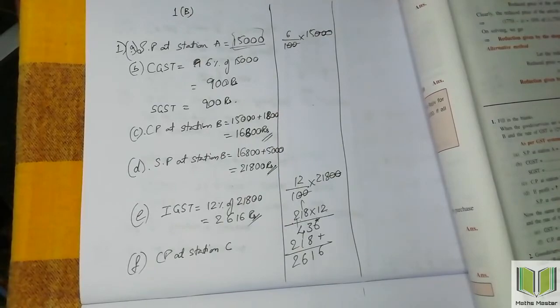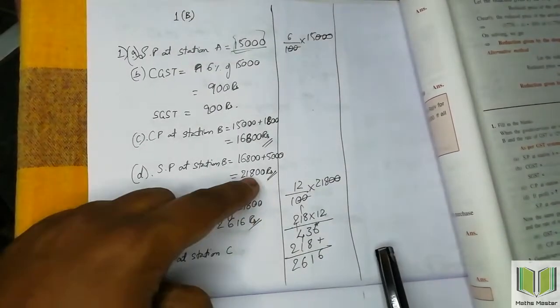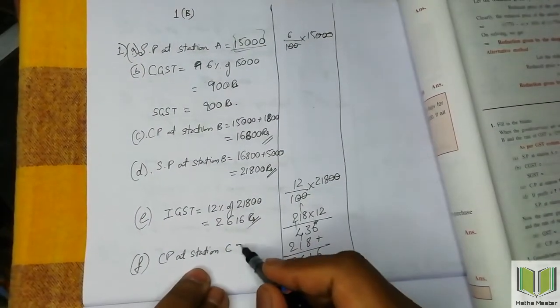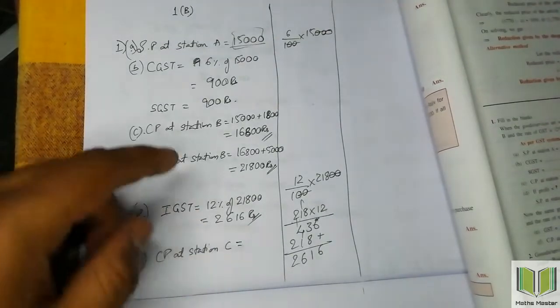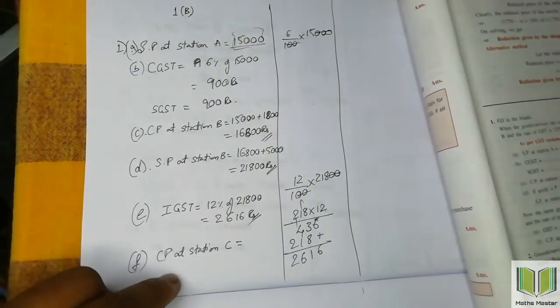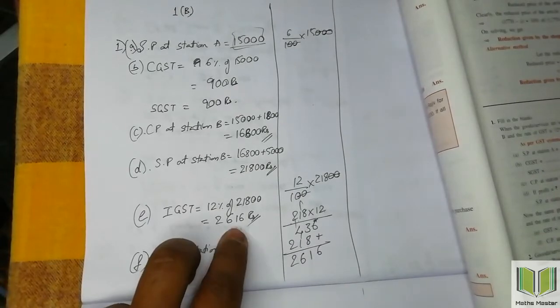Now they're asking for F, that is cost price at station C. Now understand this, guys. Selling price at station B is equal to 21,800. Cost price at station C will be same as selling price at station B, but there is an IGST included over here, right?